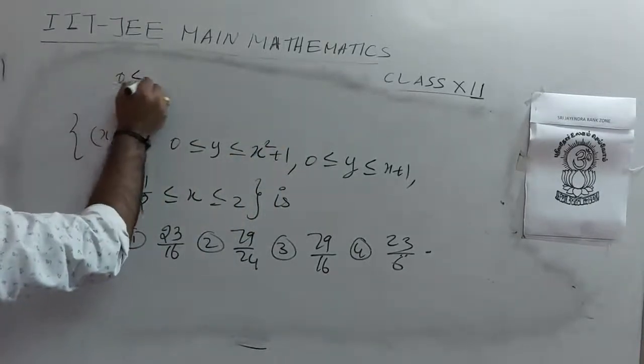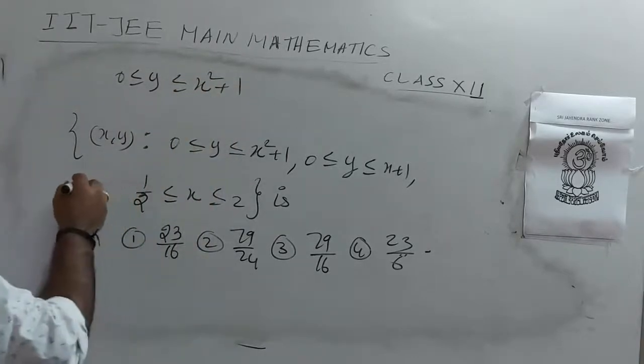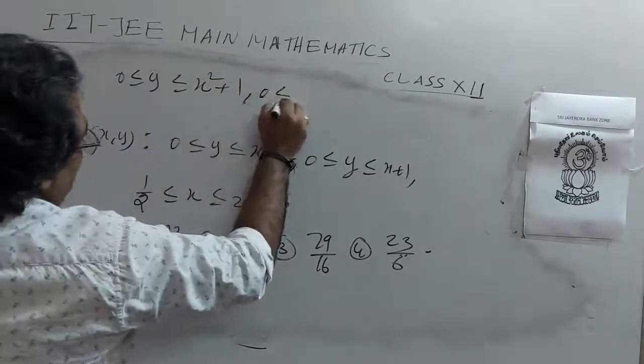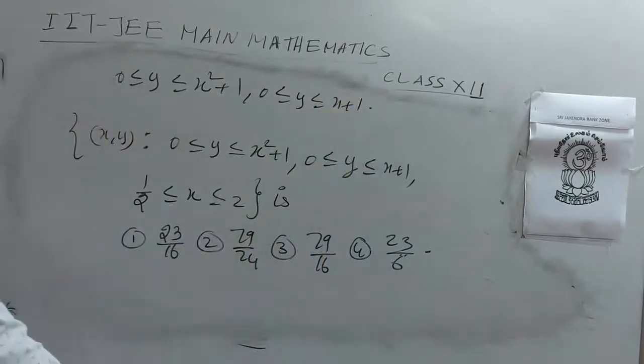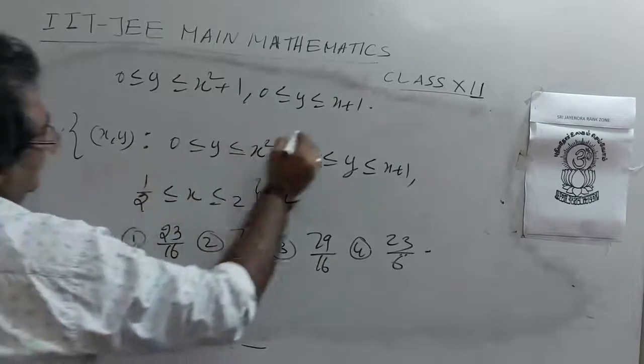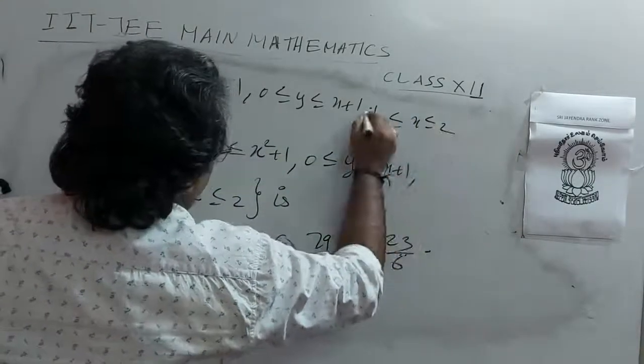0 less than or equal to y less than or equal to x square plus 1, 0 less than or equal to y less than or equal to x plus 1, 1 by 2 less than or equal to x less than or equal to 2.